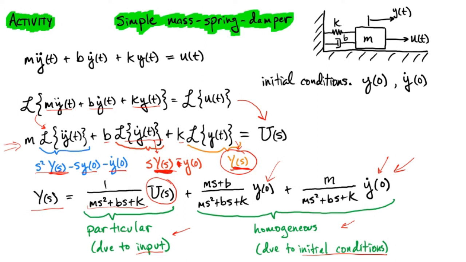In differential equations, you would often solve these same kinds of equations, and you would know that you could separate that into a piece due to the homogeneous behavior and due to the particular behavior. And we're seeing that also in the Laplace transform of this differential equation.